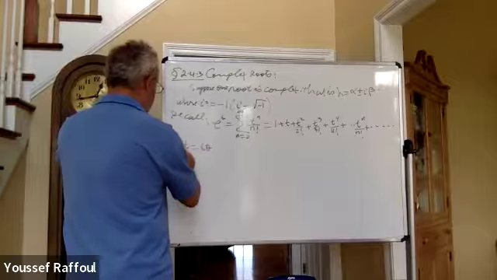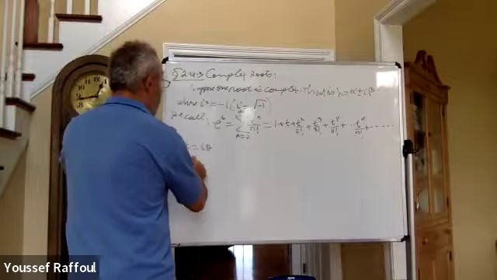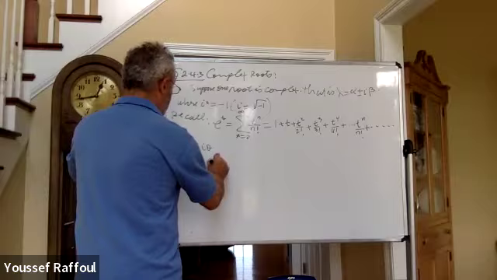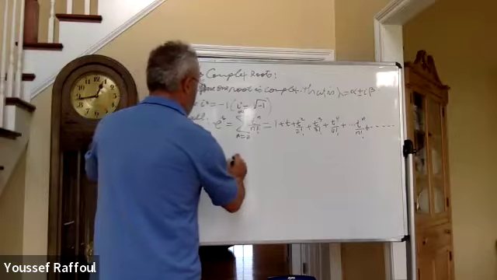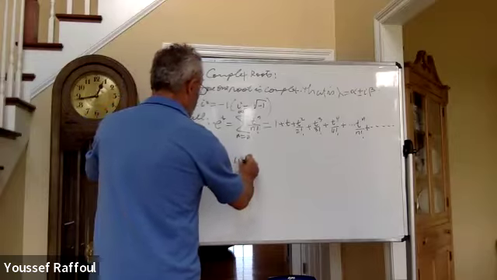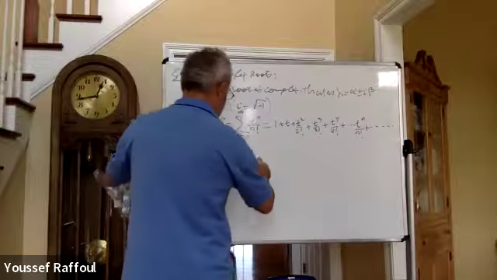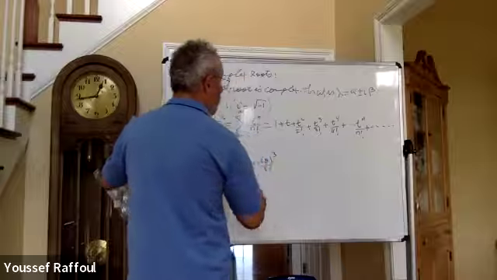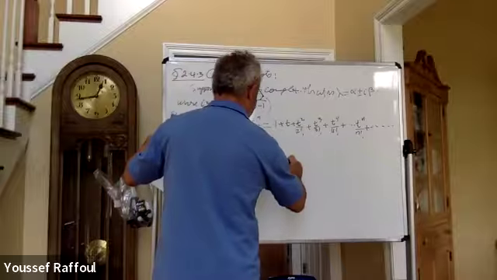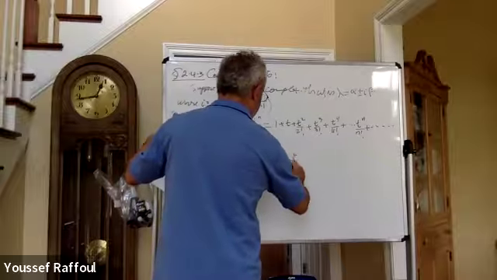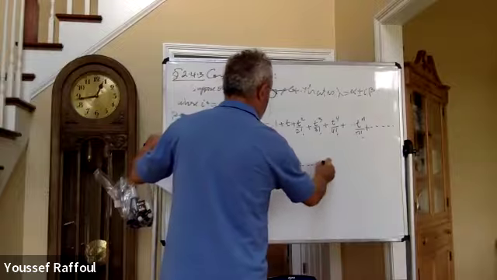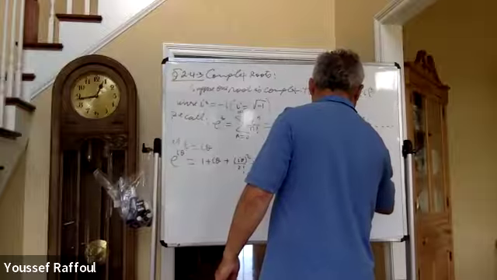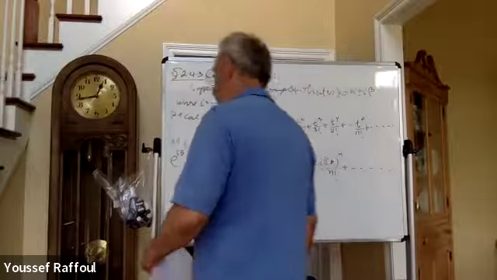So e to the i theta is 1 plus i theta plus (i theta) squared over 2 factorial plus (i theta) cubed over 3 factorial plus (i theta) to the 4th over 4 factorial plus (i theta) to the n over n factorial plus.